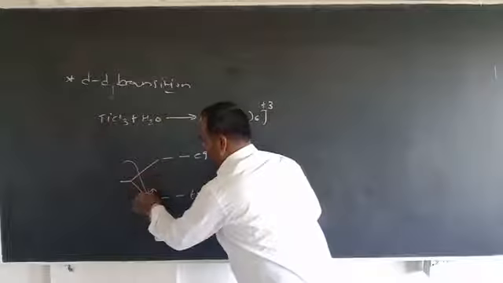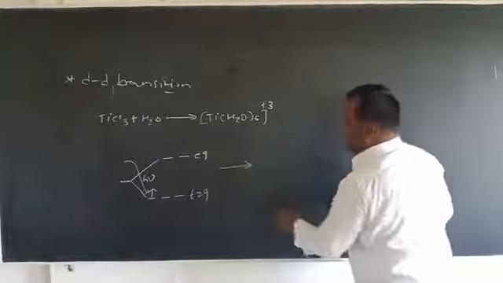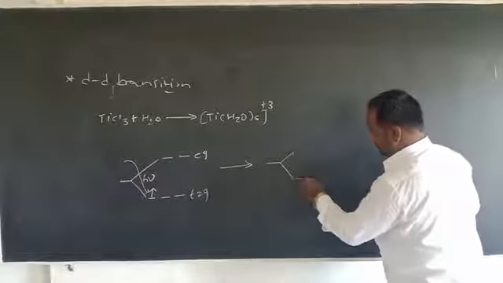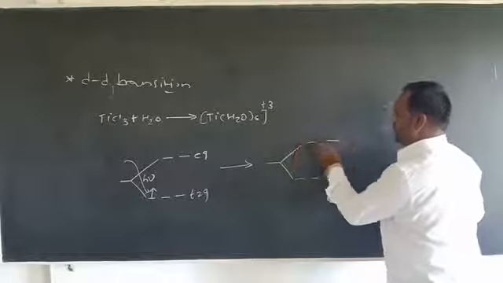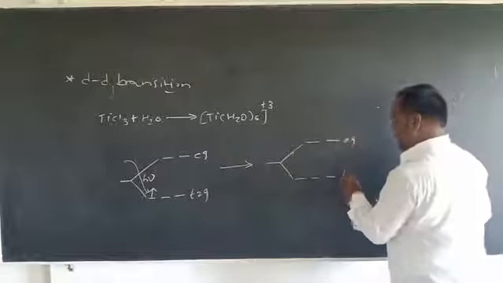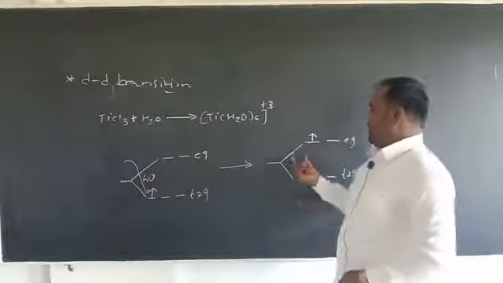When it absorbs light radiation, it goes from T2g to the Eg orbital.